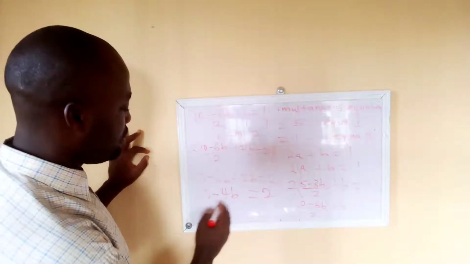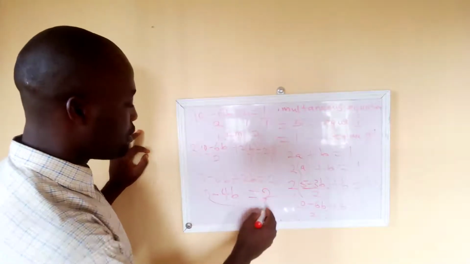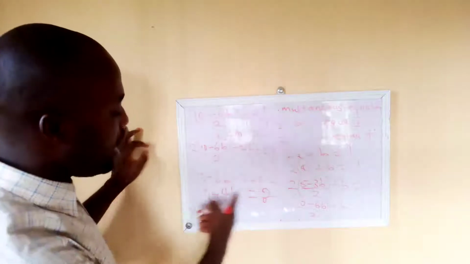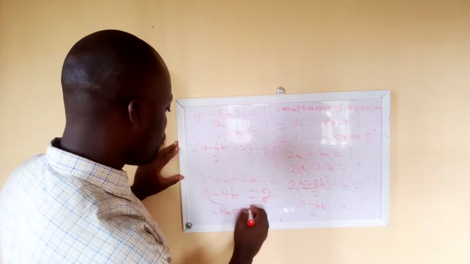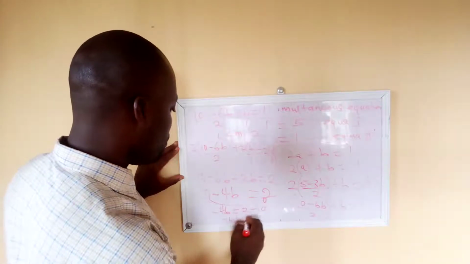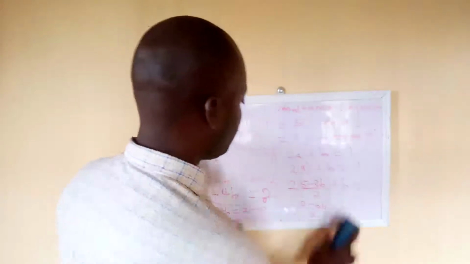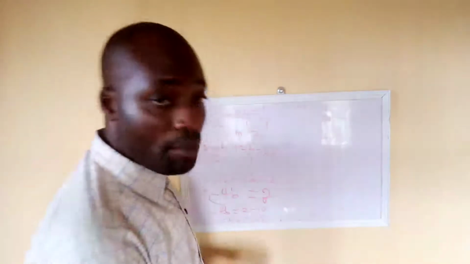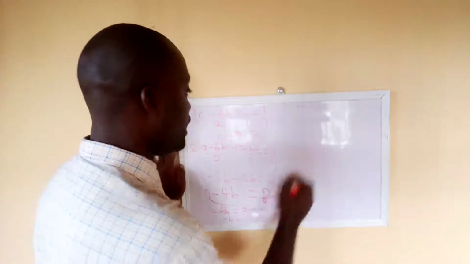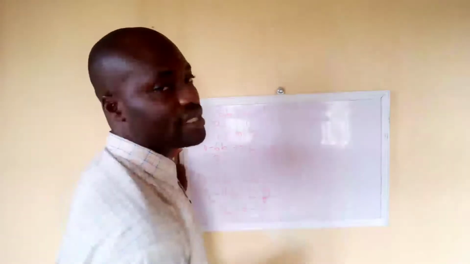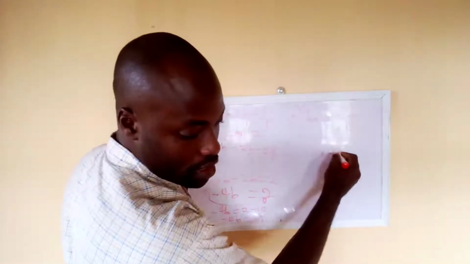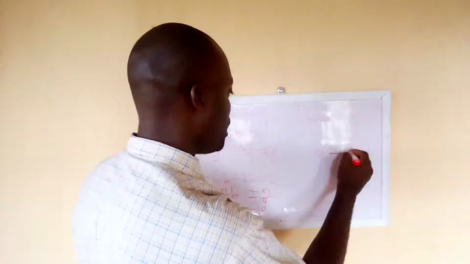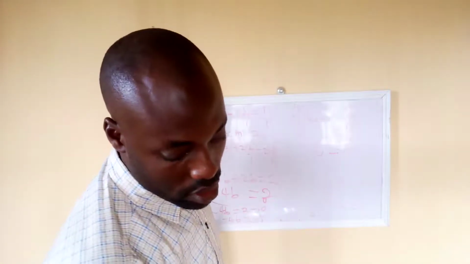If we want to look for the value of b, that means minus 10 will leave this place to meet 2. Because this 10 is a whole number, 2 is also a whole number. So minus 4b will be equal to 2 minus 10, so minus 4b will be equal to minus 8. Minus cancels minus, so 4b will be equal to 8. Divide by the coefficient of b, then b will be equal to 2.